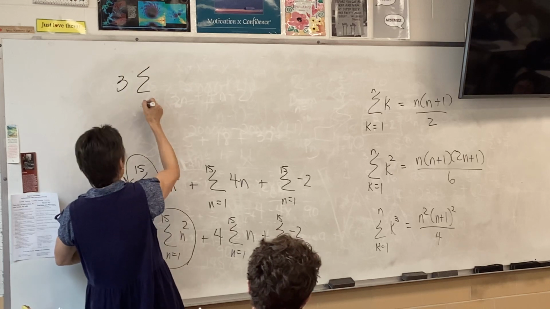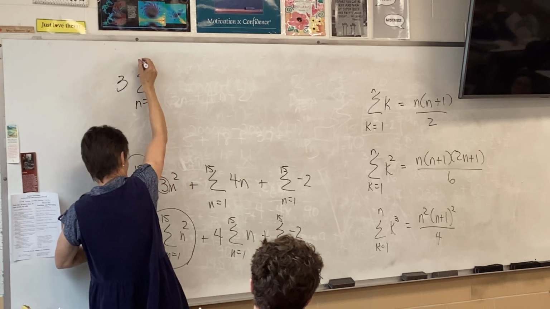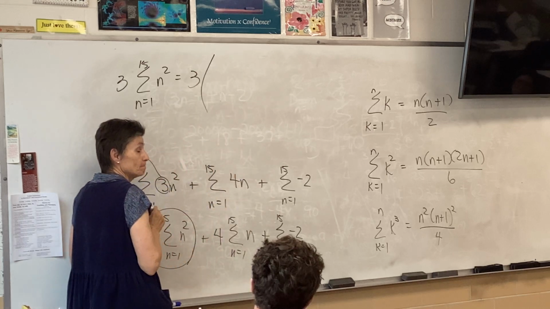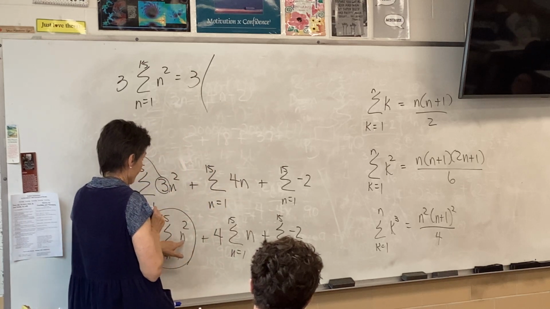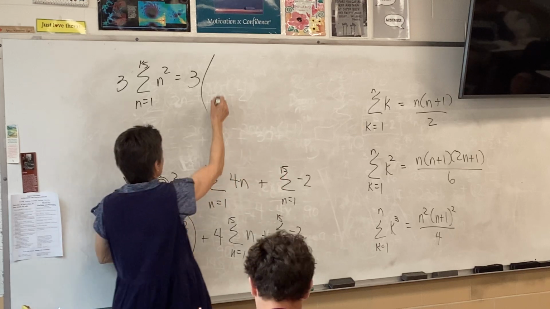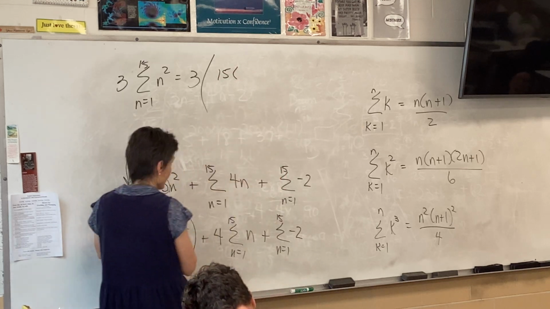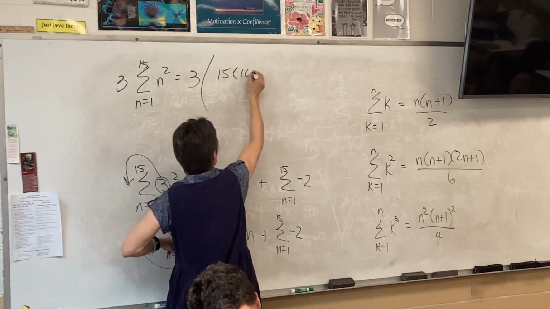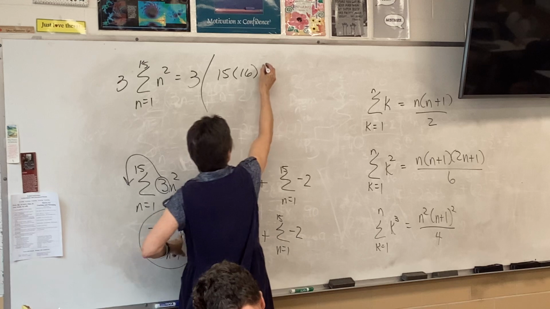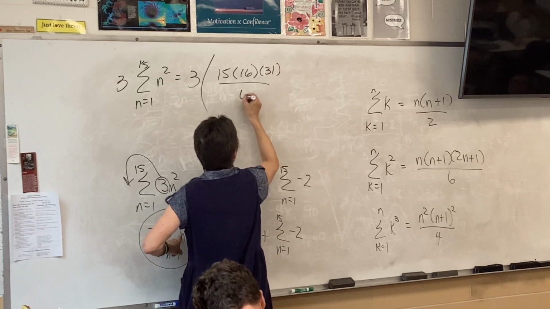This sum right here is going to be 3 times 15 times 16 times 31 over 6.